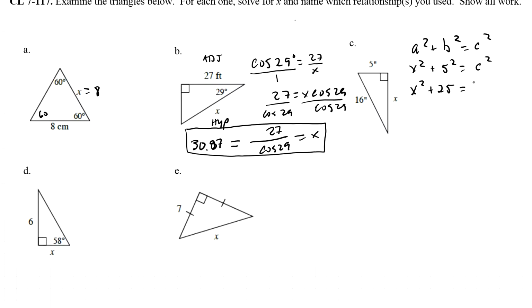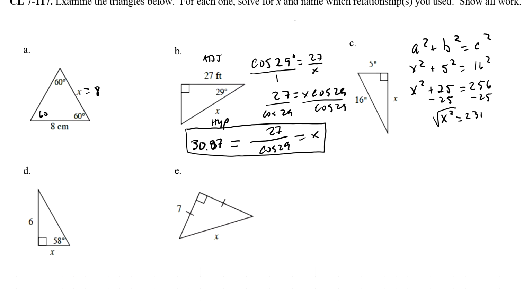equals, oopsie, this isn't c, right? This is 16 squared. And 16 squared is 256. So then you're going to subtract 25, and we're going to get x squared equals, what is that, 231.